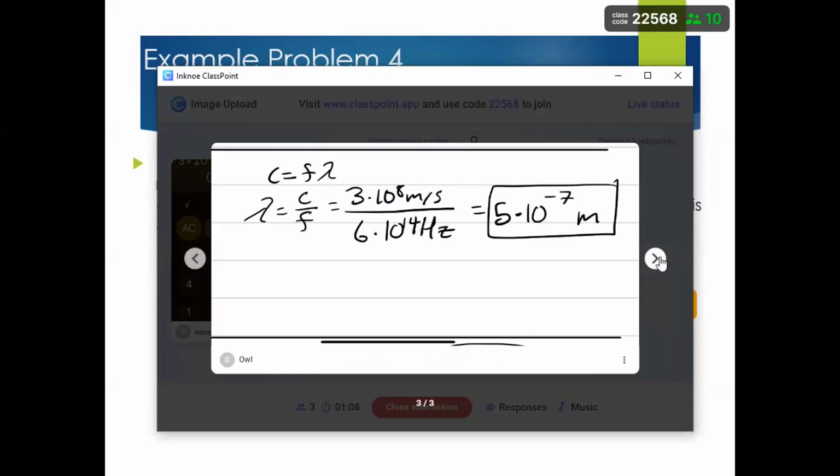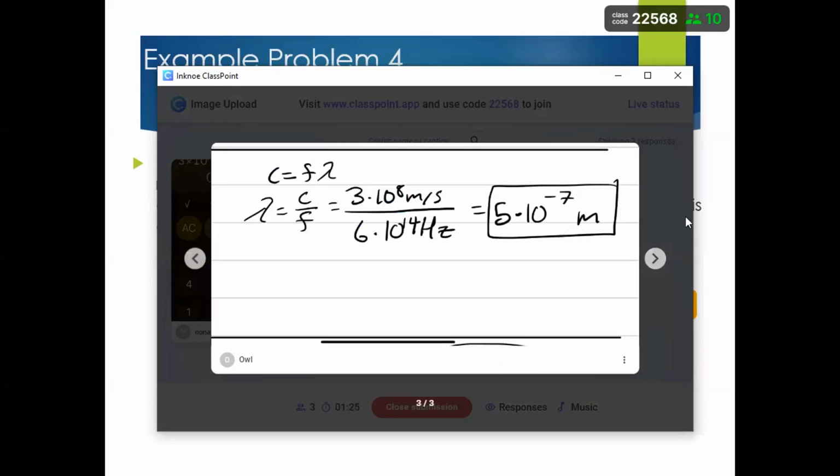Lambda is equal to c over f. Again, velocity, v or c, it doesn't matter. 3 times 10 to the power of 8 meter per second divided by 6 times 10 to the power of 14 hertz, which is going to be 5 times 10 to the power of negative 7 meter.